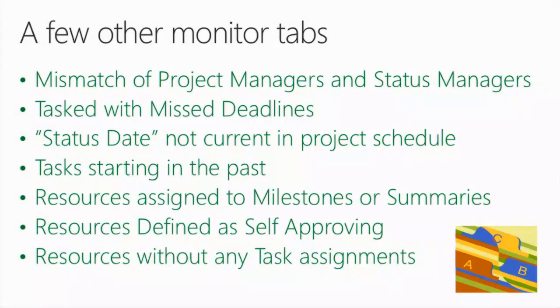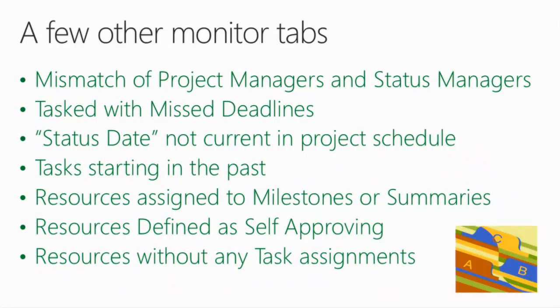And then some of these other things are just, every project manager comes in with a different skill level in managing projects. And with these queries, I can kind of find out what they're doing wrong. I have seen some good tools out there on the floor where the tools will look for this stuff.